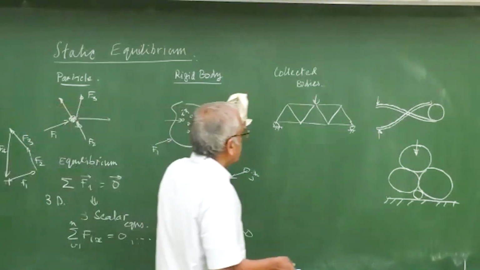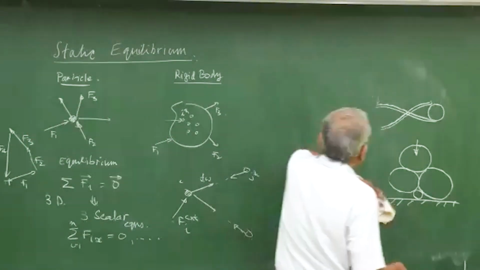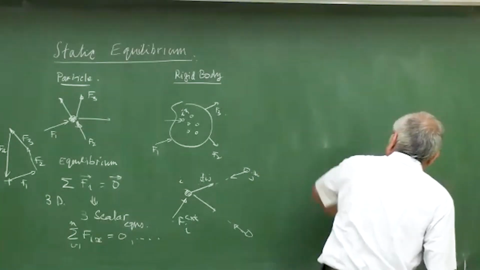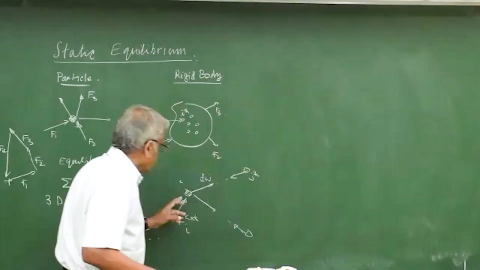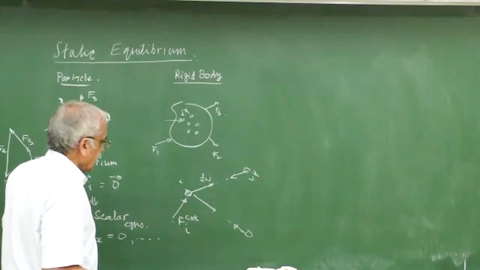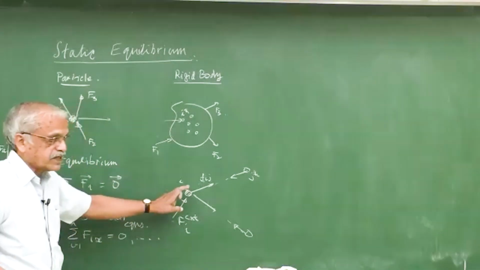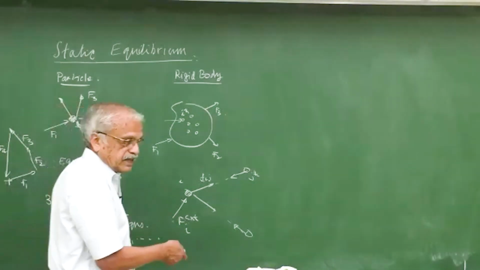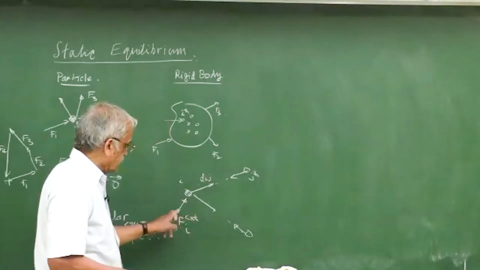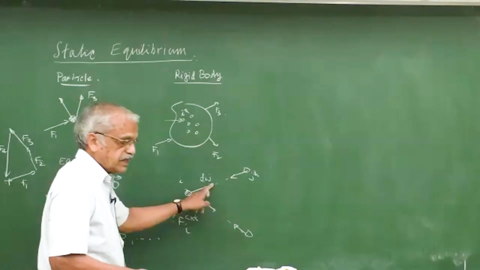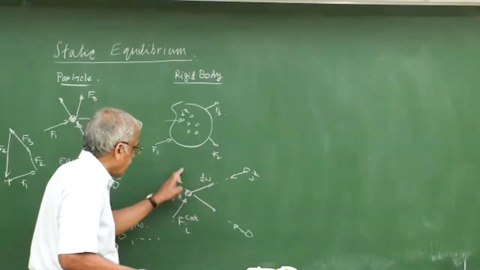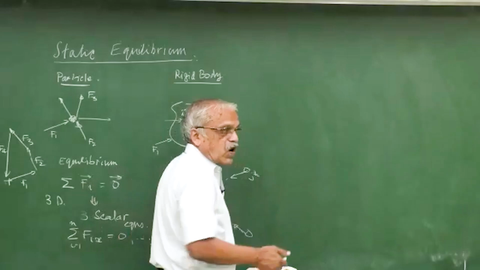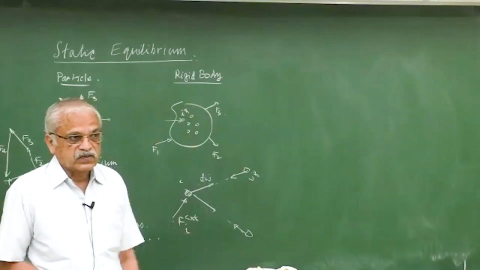What we are assuming here is that, I'll come to this later, can I apply this equilibrium equation for a particle to an ith particle? If I do that, then the summation of all the forces, the external force as well as these internal forces acting on this particle, should all together equal 0.